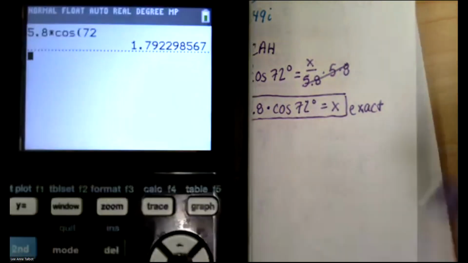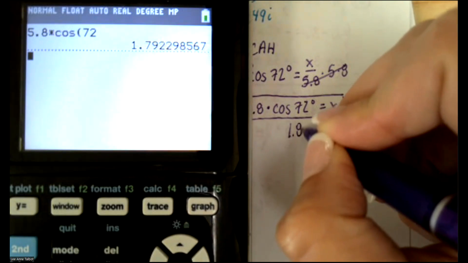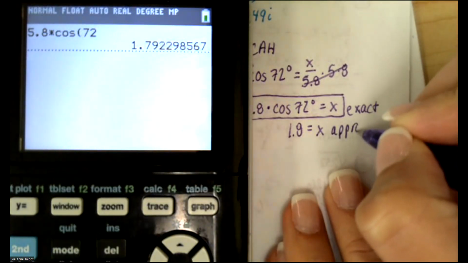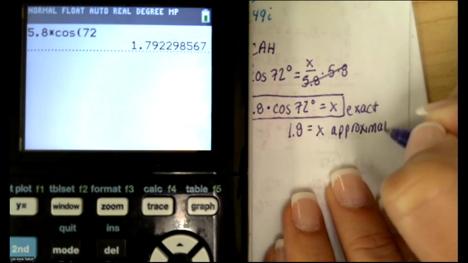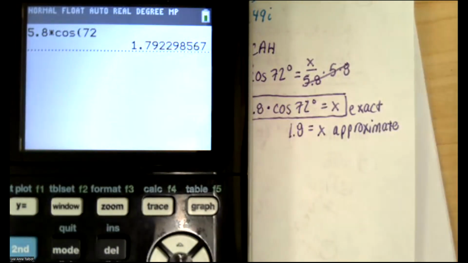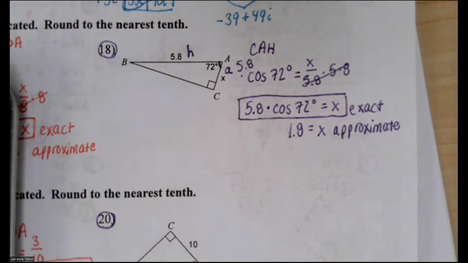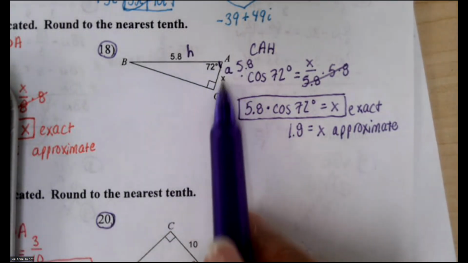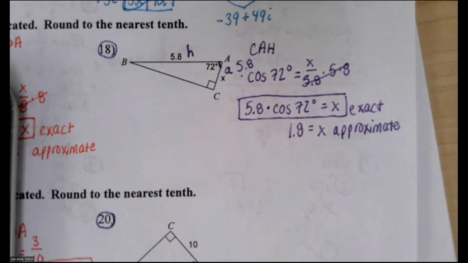It says round to the nearest tenth, 1.8. 1.8 equals x. And there is your approximate. If 1.8 feels like a little bit of a weird answer to you, just note that this is 5.8 long, so that being 1.8 long makes sense.